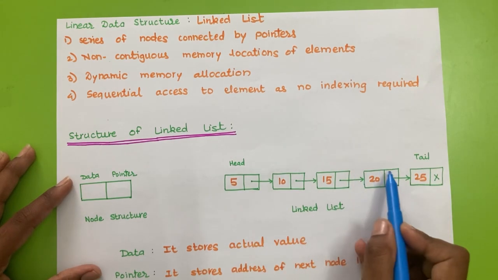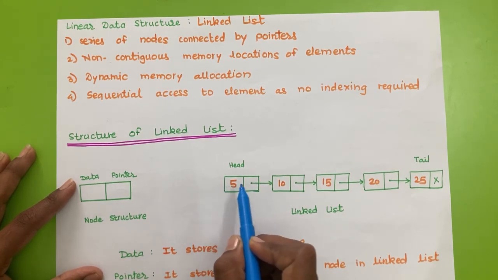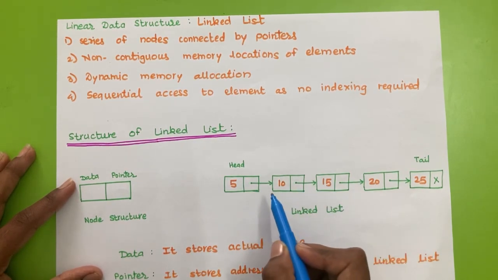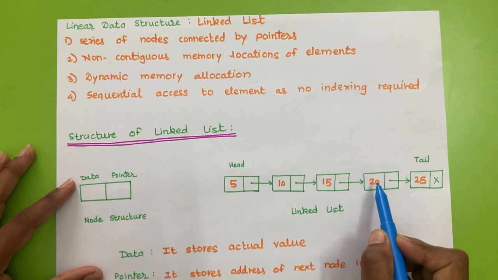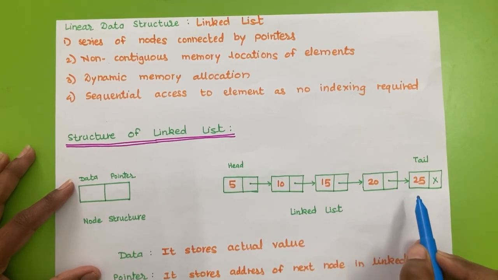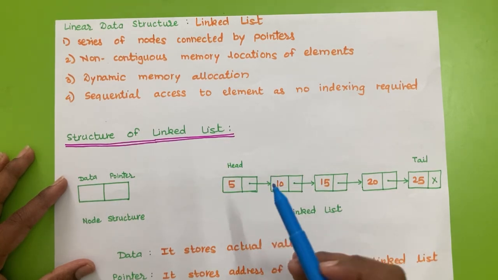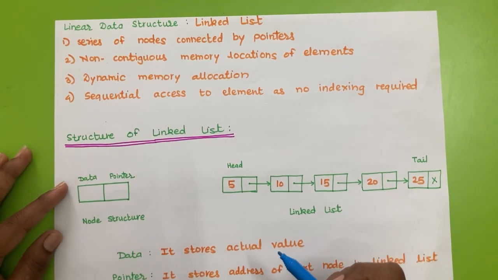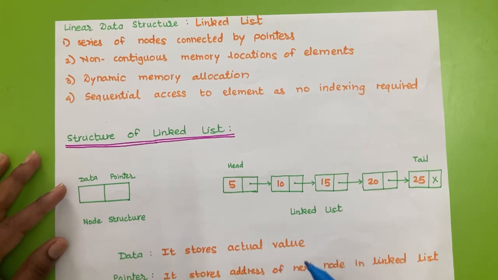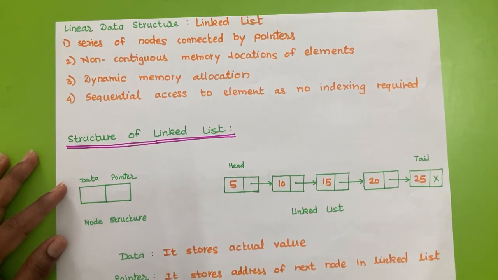Suppose I want to traverse to the fourth element, then I should start from the head node and compare the data of each element, and then we can traverse up to any node present in the linked list. So for accessing any element we have to traverse from the beginning of the linked list. But in the case of arrays there is indexing, so we can access an element directly with the help of the index. So these were some of the characteristics of linked list.